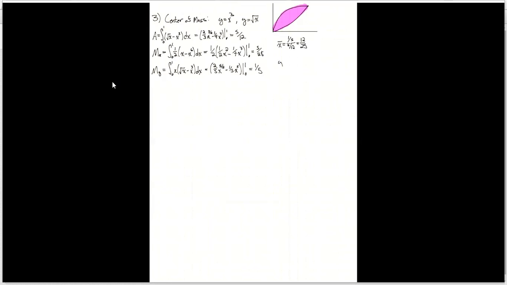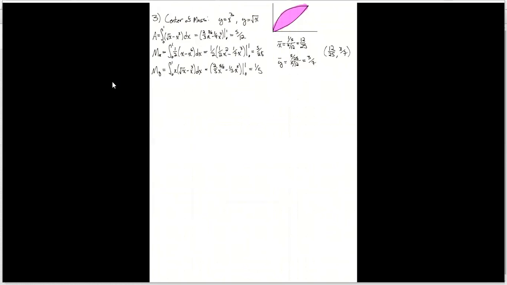And then y bar is equal to 5 over 28 over this 5 over 12. And that gives us a value of 3/7. So our center of mass is at the x coordinate 12 over 25 and the y coordinate 3 over 7.